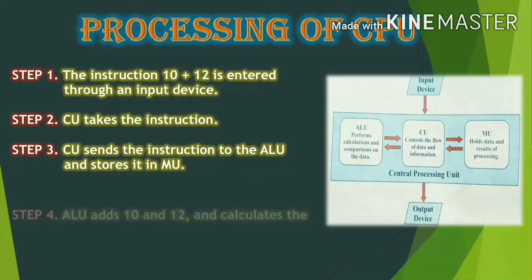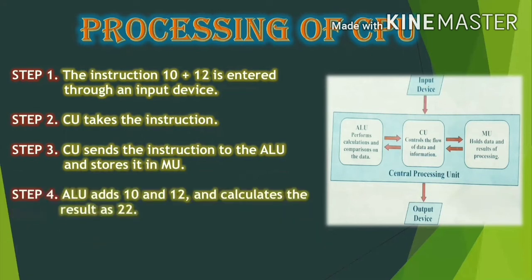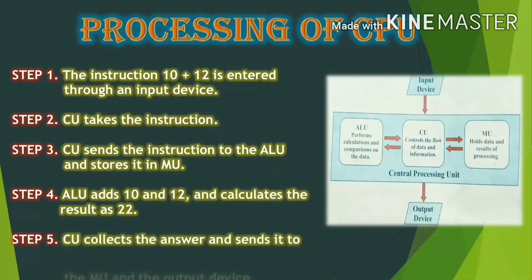Then the fourth step, ALU adds 10 and 12 and calculates the result as 22. In step number 5, the control unit collects the answer and sends it to the memory unit and then to the output devices. Now, after processing, we get the result, that is the output. Here the output is 22, isn't it, children?